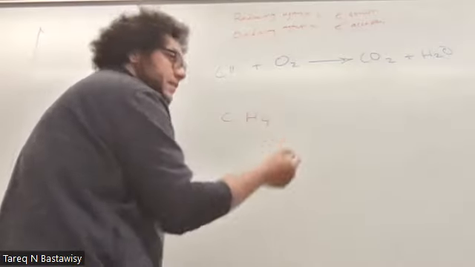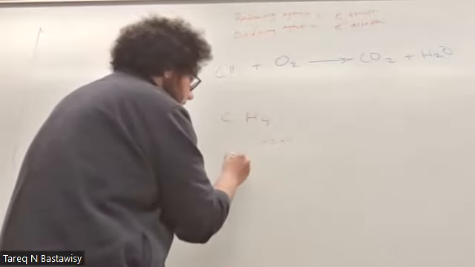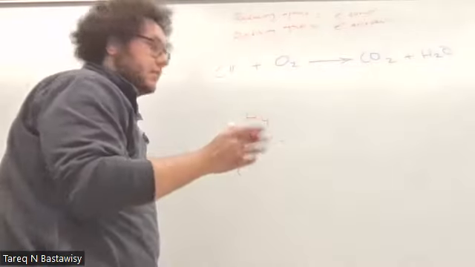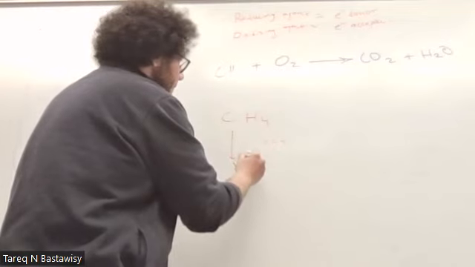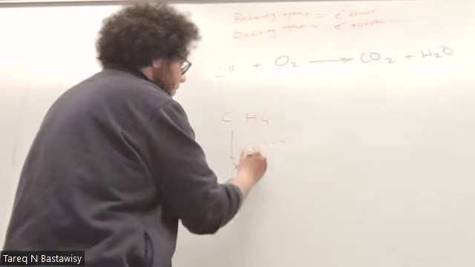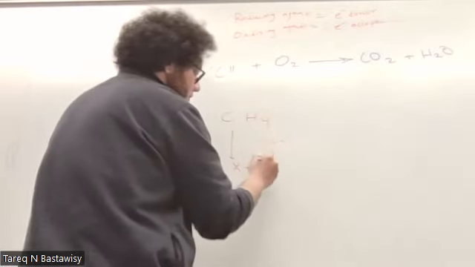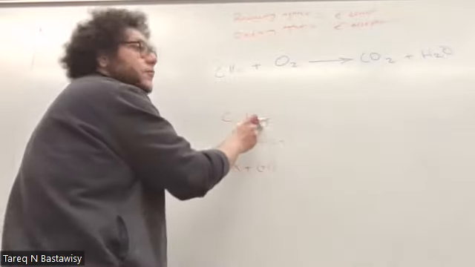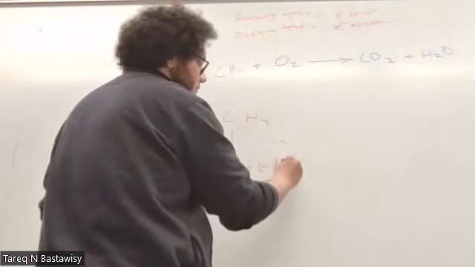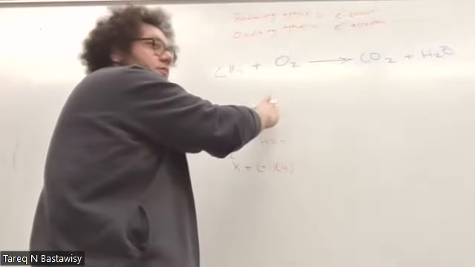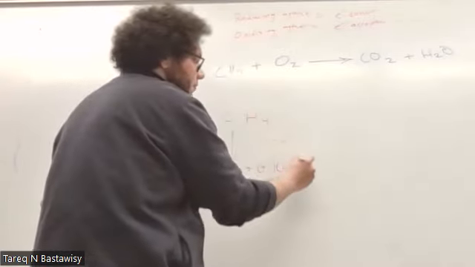So I'm going to write this mathematically. X is the oxidation number of carbon, I don't know it yet, plus the hydrogen, which is +1. You have 4 of them, times 4, and there isn't any negative charge associated with methane, so that's equal to 0.